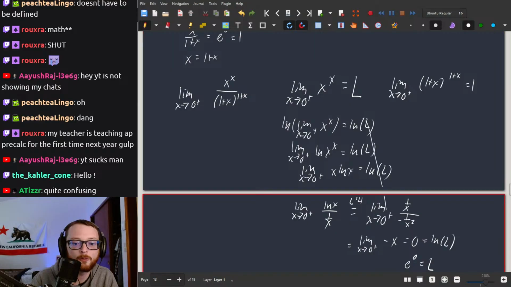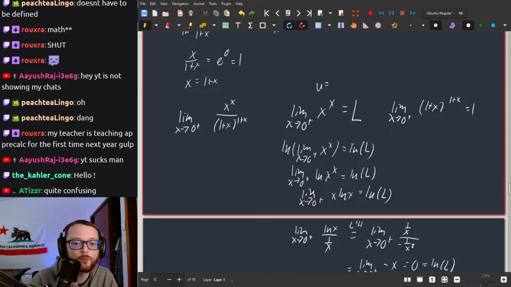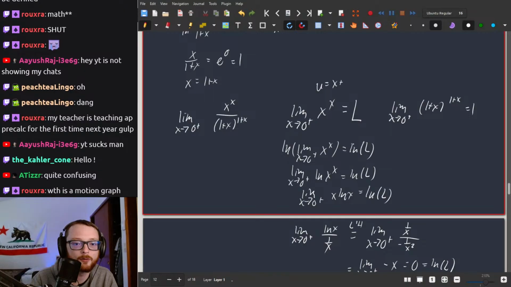You could go through the same process, or you could just take u equal to x plus 1. Or, I guess, x equals u plus 1 or something. But yeah, since the top and the bottom are both 1, this overall limit is just 1 divided by 1, which is just 1.